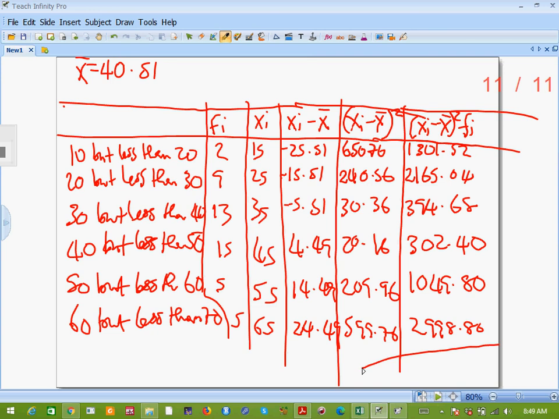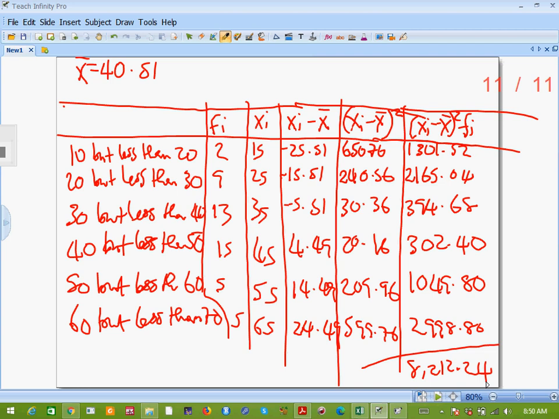So get the sum there. You're going to find 8212.24. Okay. So remember, we're looking for this sum. That is why we have done all this.